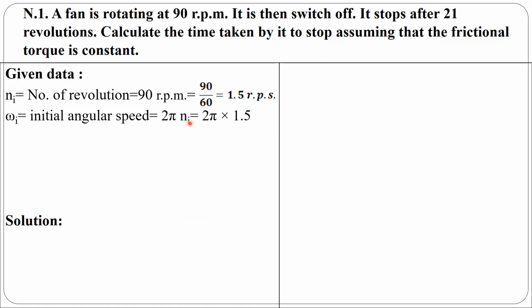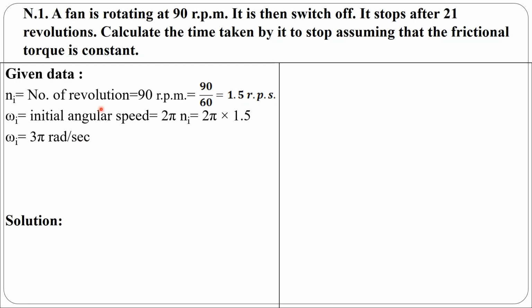The value of n is 1.5, so 2 pi into 1.5 gives 3 pi radian per second. Angular velocity unit is radian per second. So the initial angular speed of the fan is 3 pi radian per second.